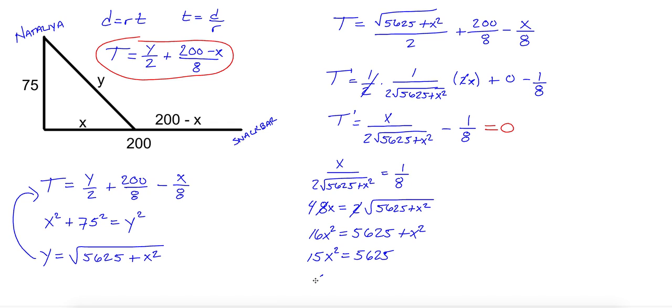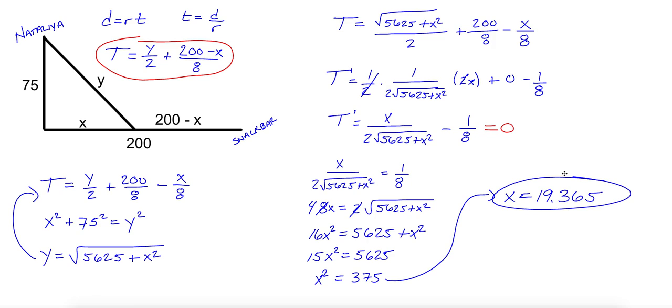Divide by 15, x squared is going to equal 375. If I take that square root, I should get that x is equal to, you could simplify it, about 5 root 19, which is roughly 19.365. Okay, so what that actually means, let's put our unit in here, feet.